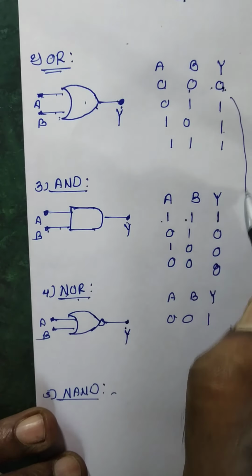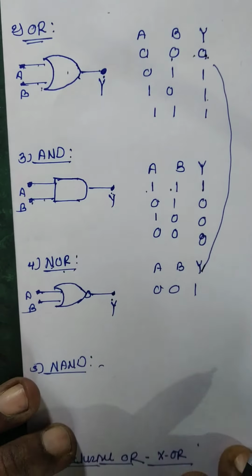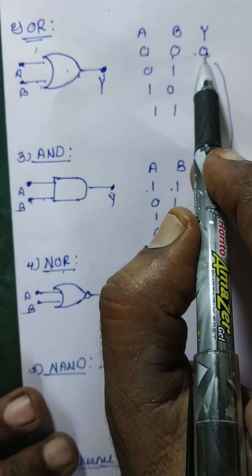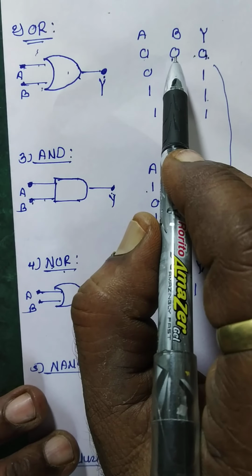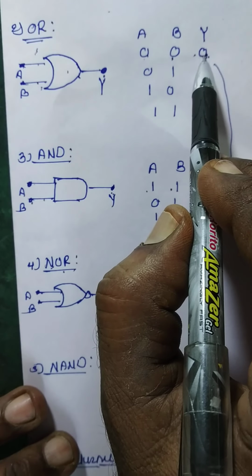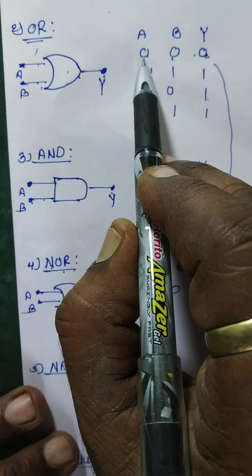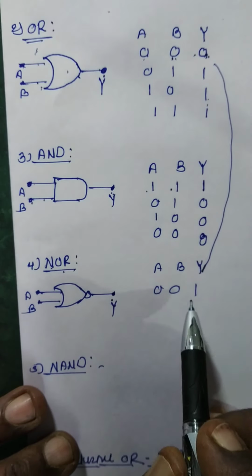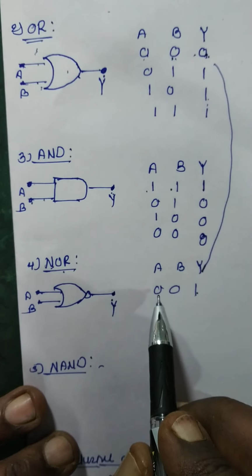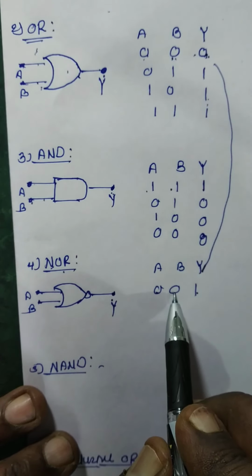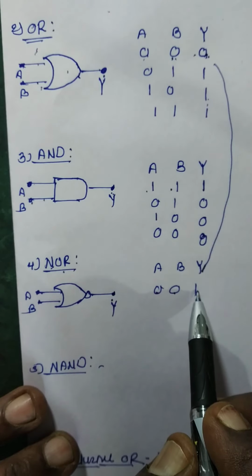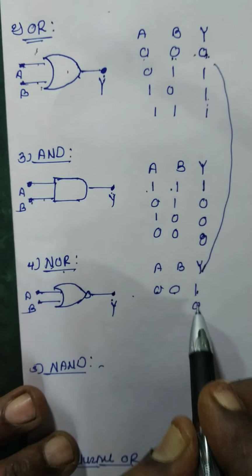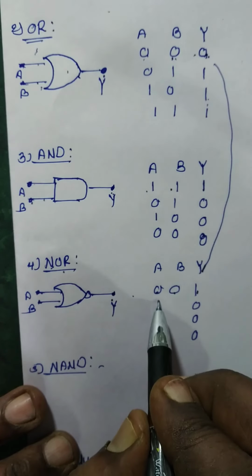We do the opposite of this. What did we say here? For the OR gate, the output is low only when all inputs are low, otherwise the output is high. And here, the output is high only when all inputs are low, otherwise the output is low.